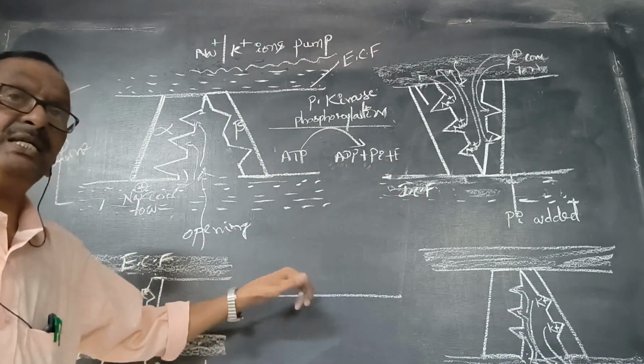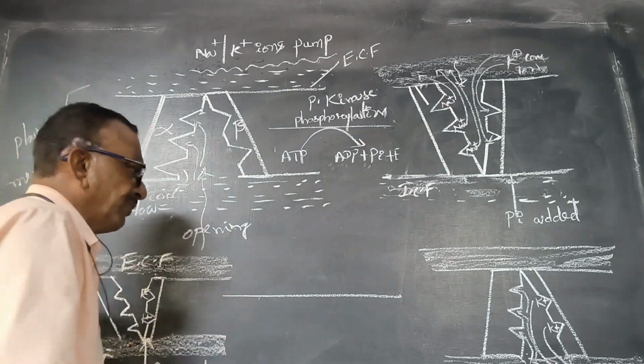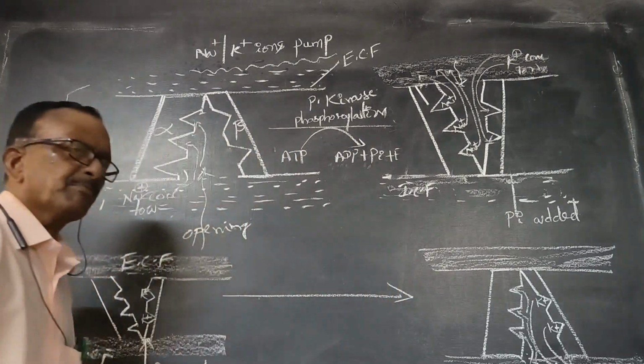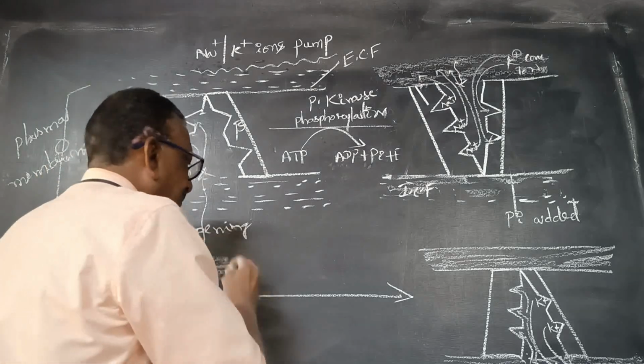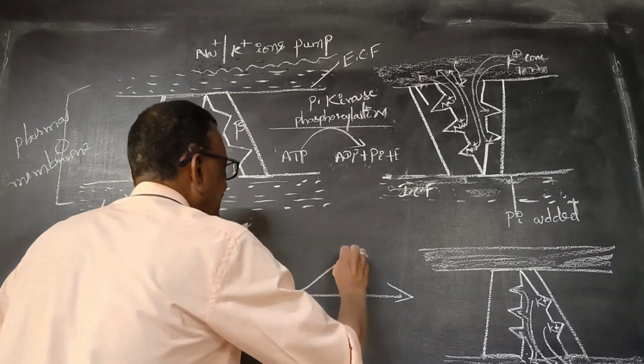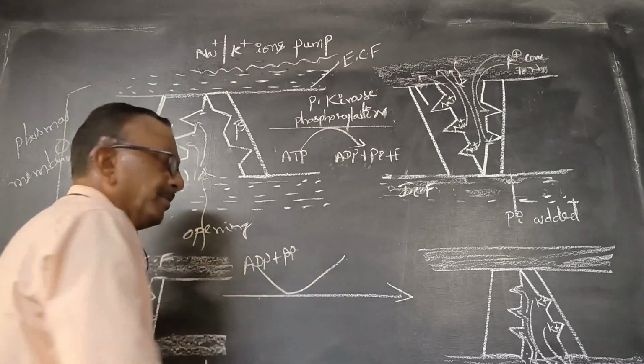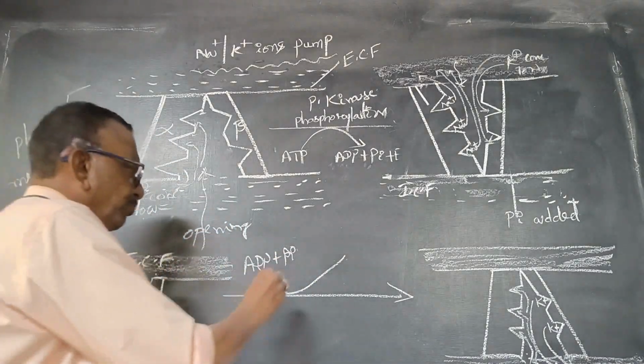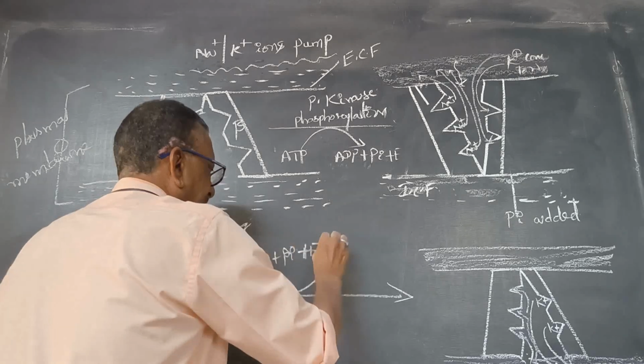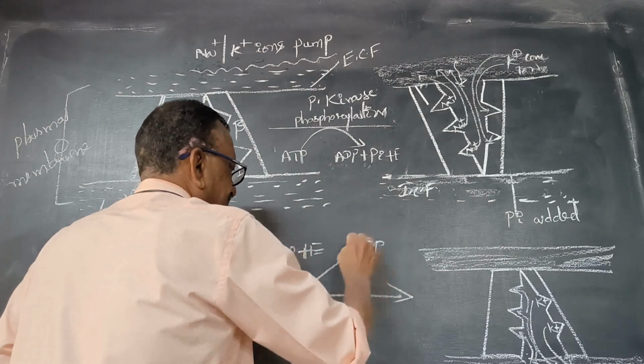So this is dephosphorylation. So in the dephosphorylation, what is happening here? Here we can write ADP plus Pi. If we supply energy also, then once again we get ATP.